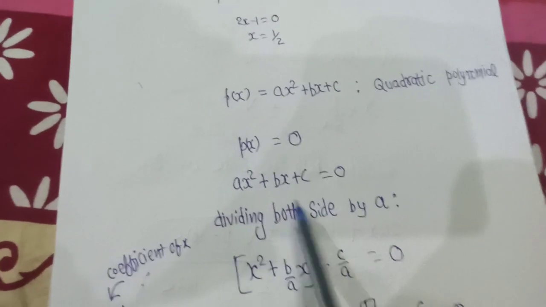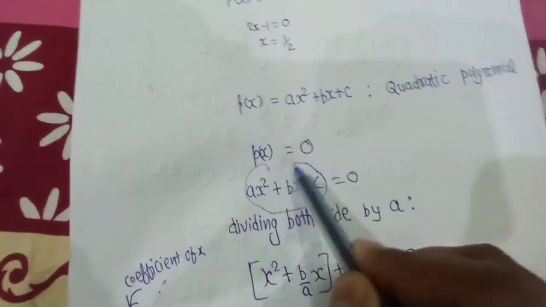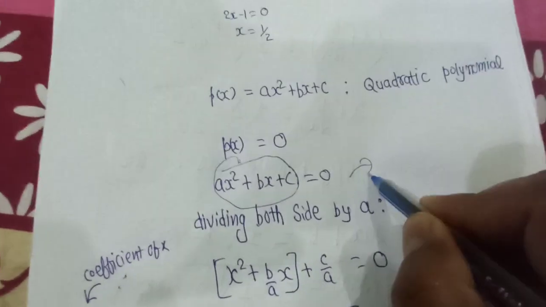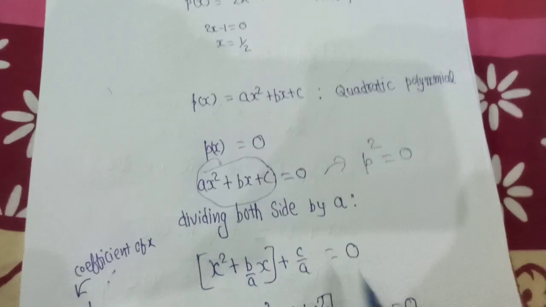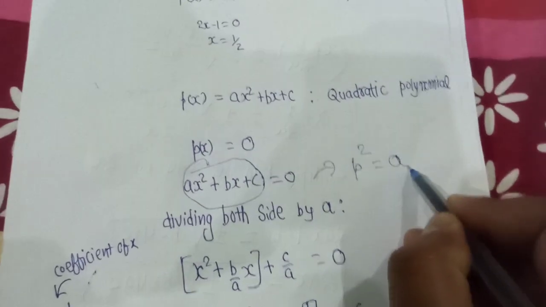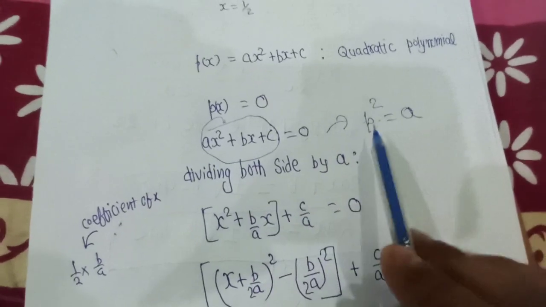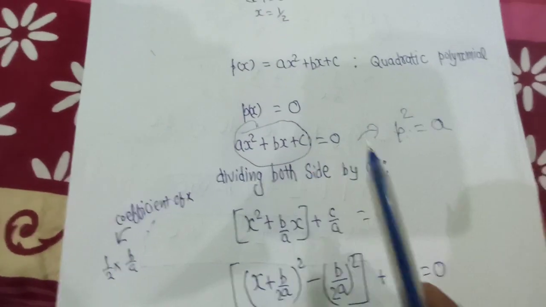We want to convert this quadratic into a linear. If we could somehow put it in the form of p square equals to some value a, then this will be linear in x, and we can find the value of x by equating it to 0. So we are going to do that.